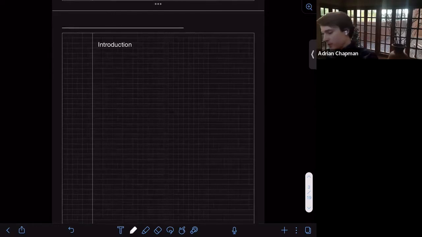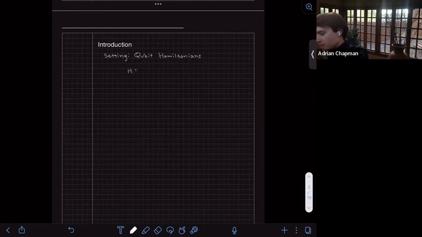So the setting that I'll be speaking about is that of many-body qubit Hamiltonians. Everything that I'll be assuming is finite and discrete. So I'm in the Hamiltonian framework, and this is a Hamiltonian of n spin-1/2 particles, qubits, which I describe this way: a sum over j of terms which are Pauli matrices, elements of the n-qubit Pauli group.